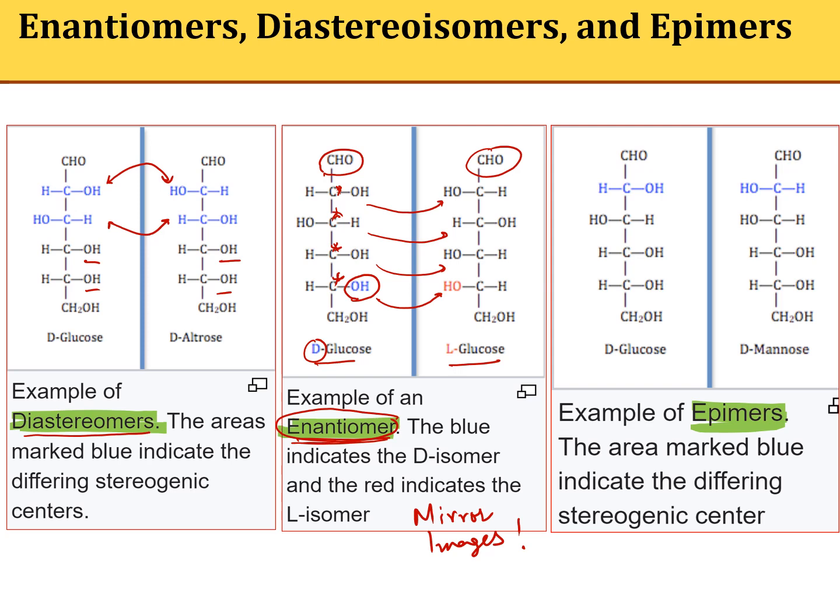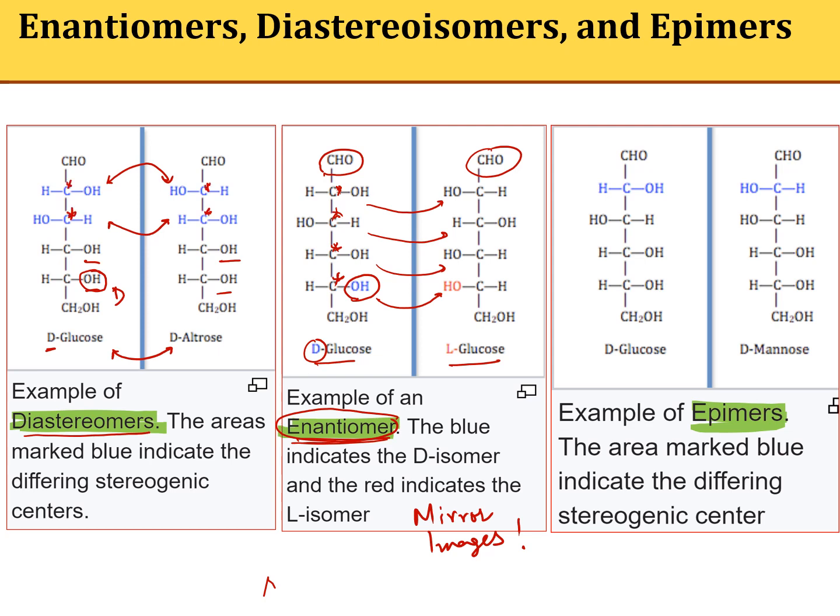Again, the most far away chiral OH is on the right hand side, we call it D. So we say D-glucose and D-altrose are stereoisomers because they are different from each other in stereocenters, but they're not enantiomers because they're not mirror images. They have at least 2 chiral centers they're different in, not one.